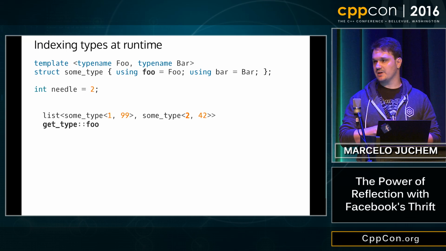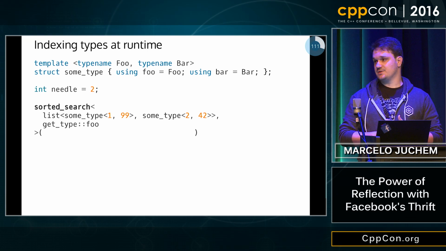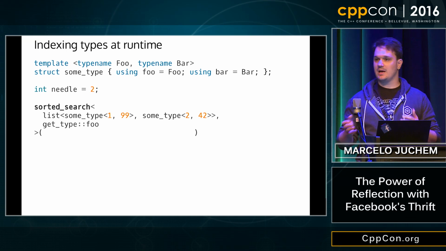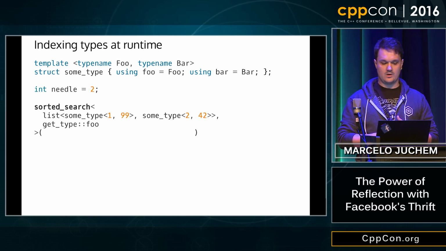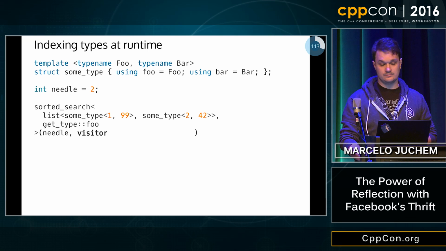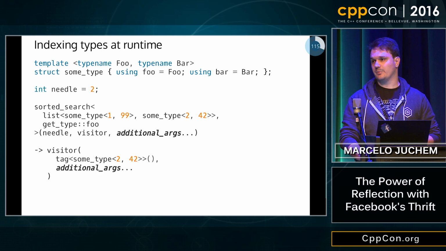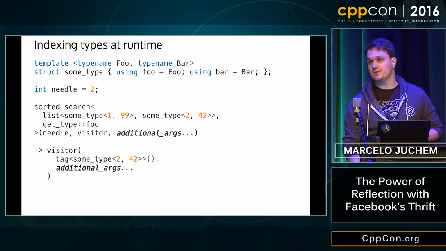So you use the meta function getTypeFoo to basically filter the element by that specific member. There's a thing called sorted search, which is binary search. That's basically it. So we're going to binary search the type list, hoping to find a needle in there. You pass the needle, you pass a visitor. The visitor will receive the type itself as type information, and you can also pass additional arguments. Pretty much the same pattern we've seen so far, just for a different use case.